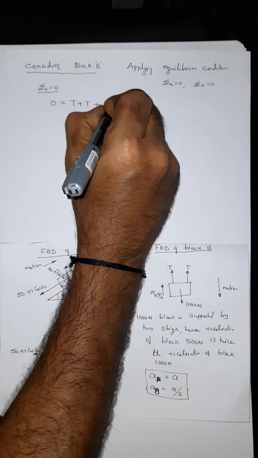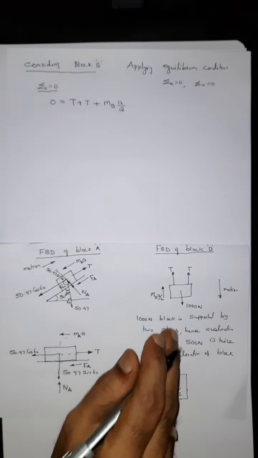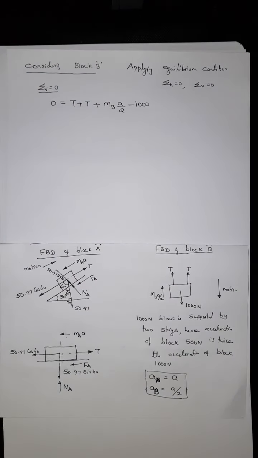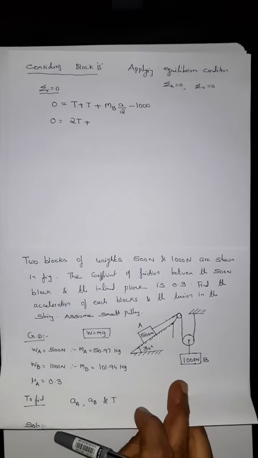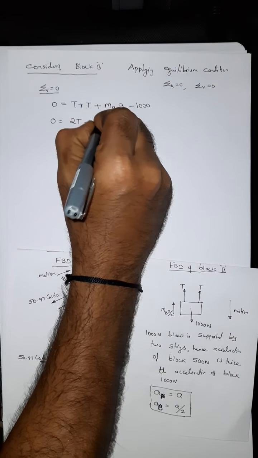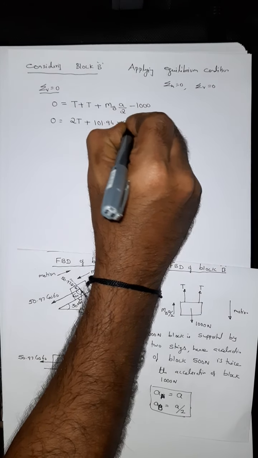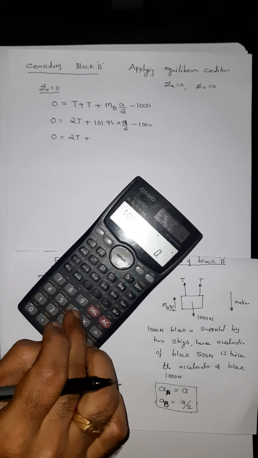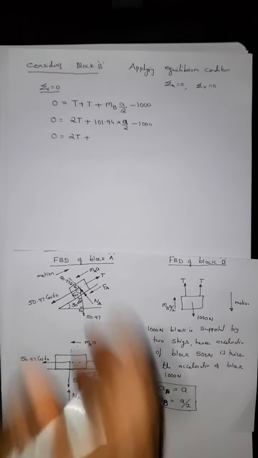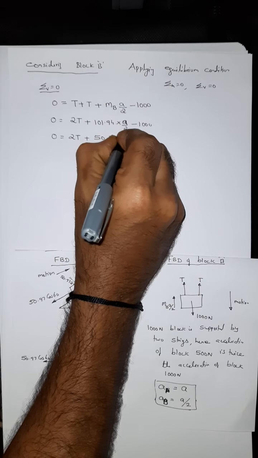So MB A by 2 minus 1000, because the weight of the object is acting in the negative direction of the y axis. This can be rewritten as 2T plus, the value of MB is 101.94, 101.94 into A by 2, minus 1000. 0 is equal to 2T plus 101.94 divided by 2, 50.97 A minus 1000.